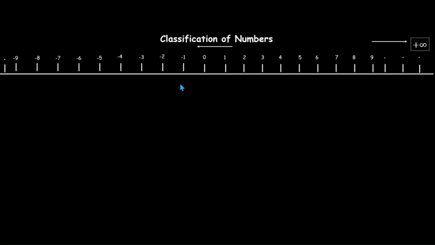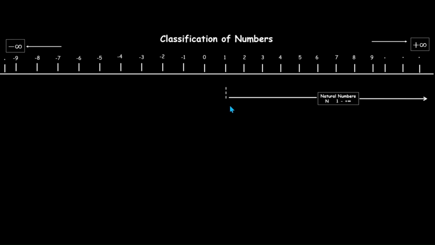We also have numbers starting from -1 going up to negative infinity on the other side of 0. The numbers that start from 1 and go up to positive infinity are our natural numbers, represented with symbol N. They are also called counting numbers or countable numbers.